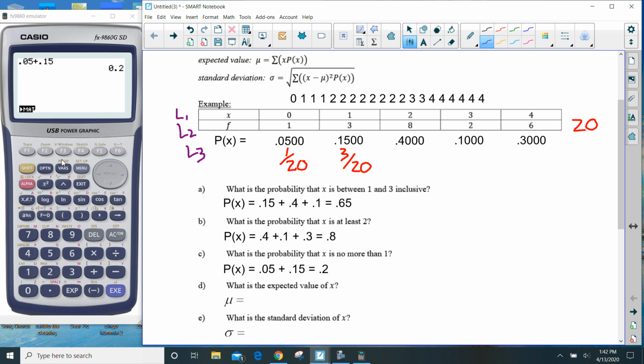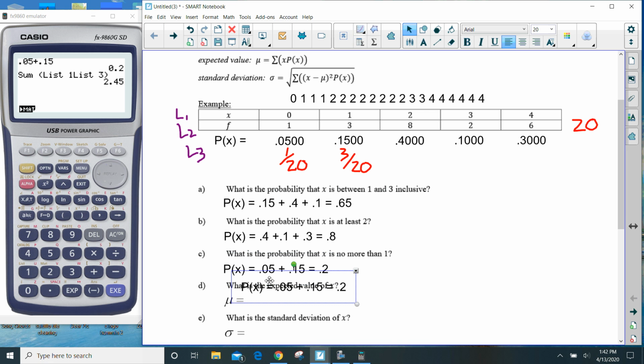So this is just going to be the sum of x p(x). The sum of x p(x). So let me steal this writing here. So this is going to be equal to 2.45.